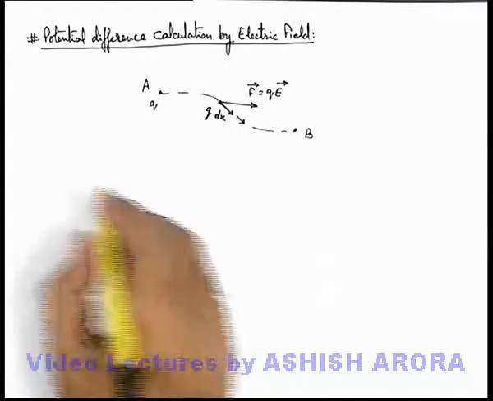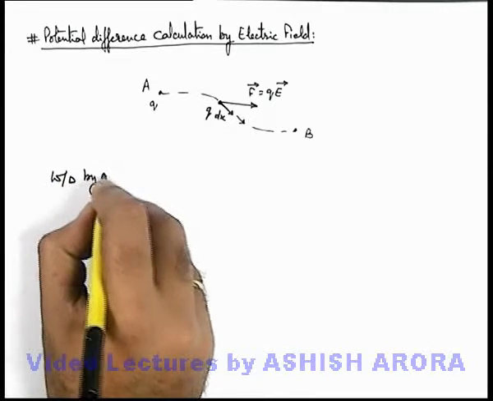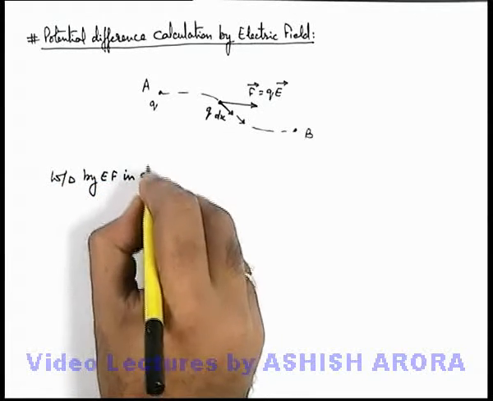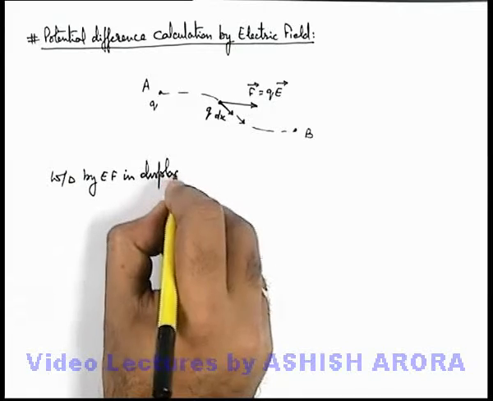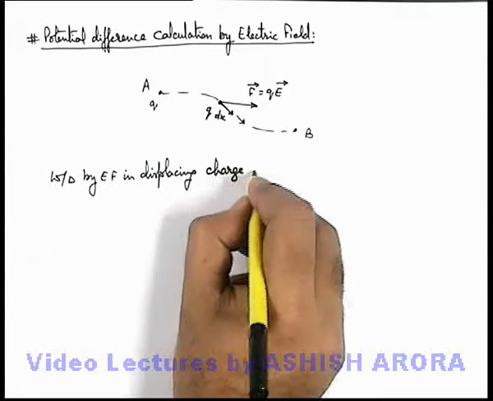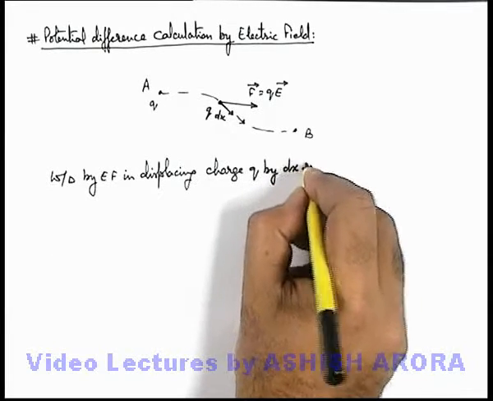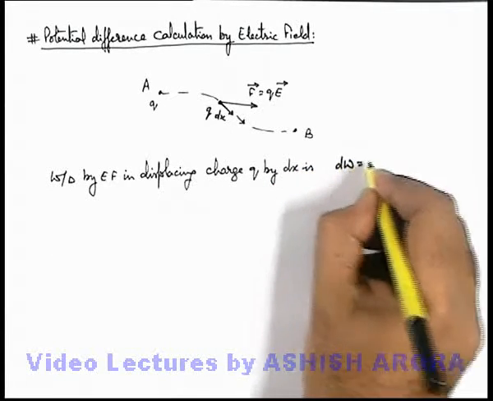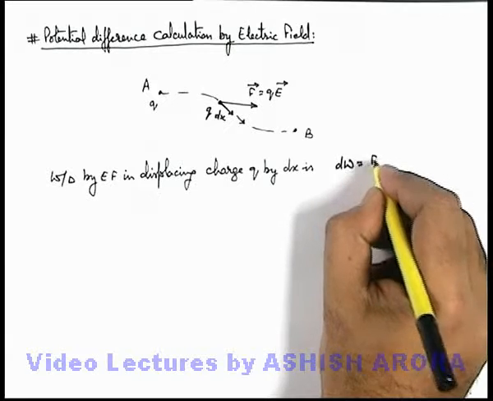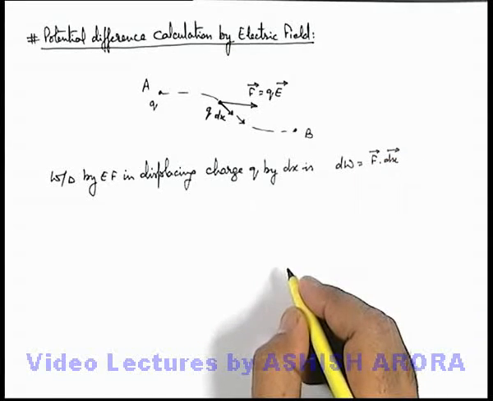Then in this situation we can directly write the work done by the electric field in displacing charge Q by dx as dW, and it can be written simply as F dot dx. This is the way we calculate the work done.